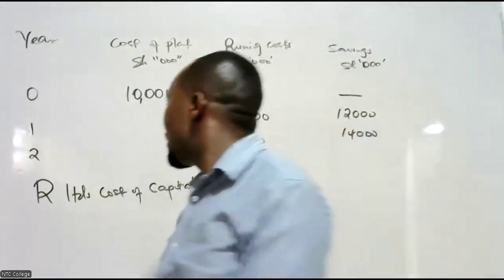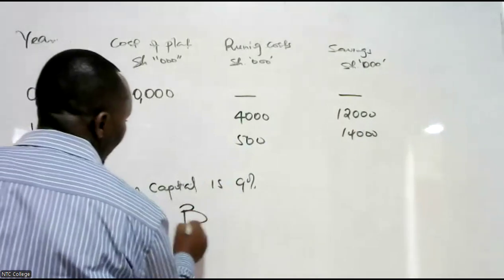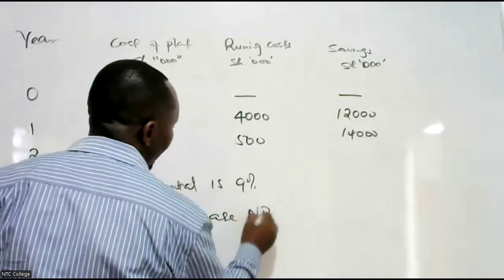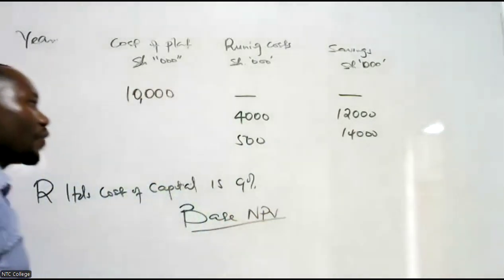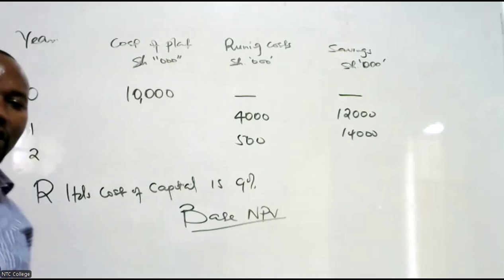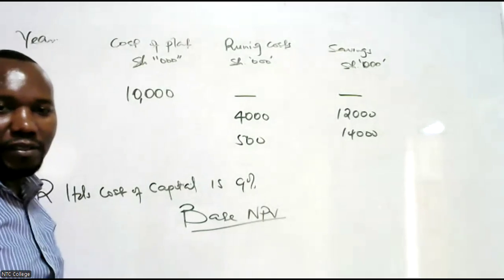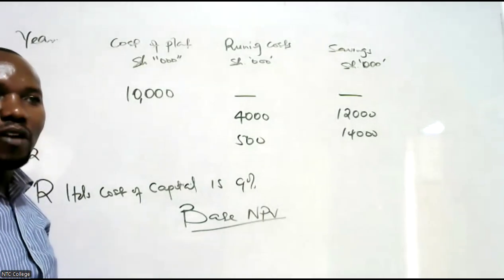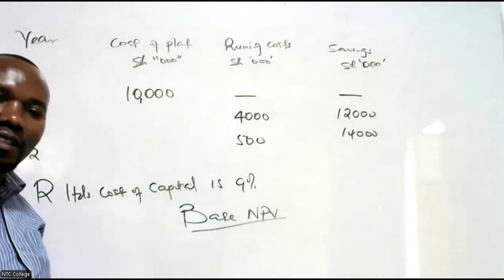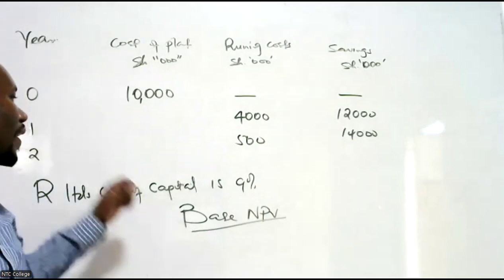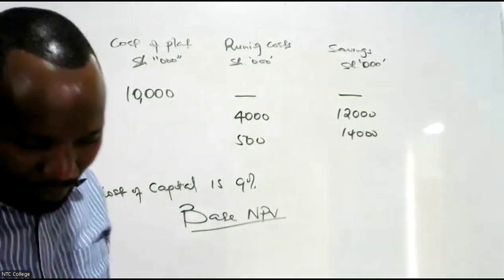Base NPV is the NPV without any change. And then we change one variable and check what is the new NPV after that change. We again change the second variable and check what is the new NPV after the change. So let's now get the original NPV.